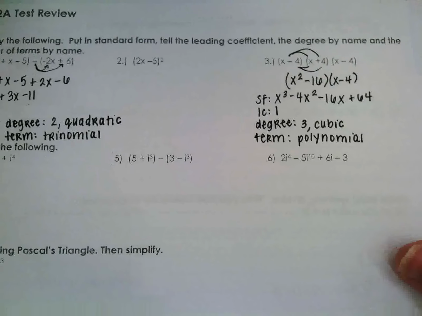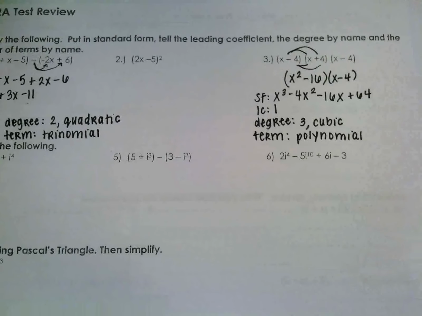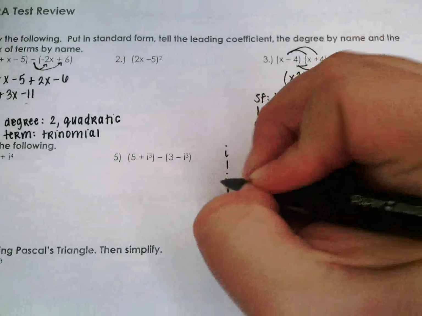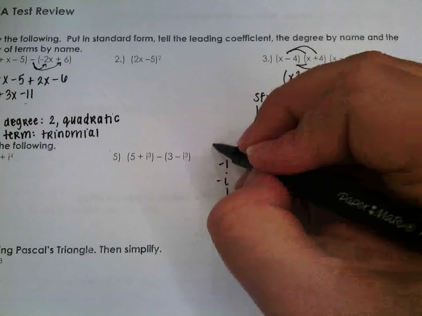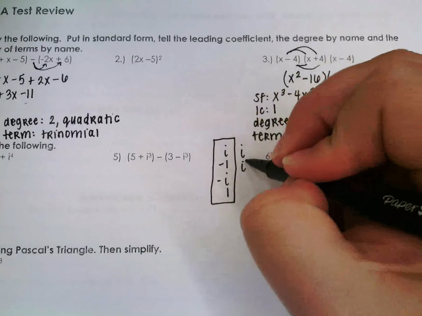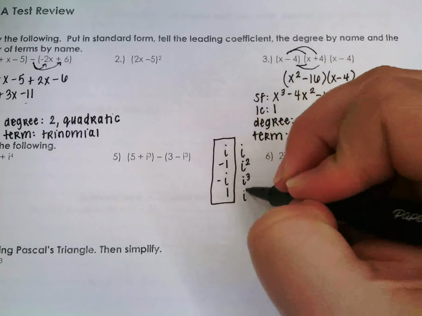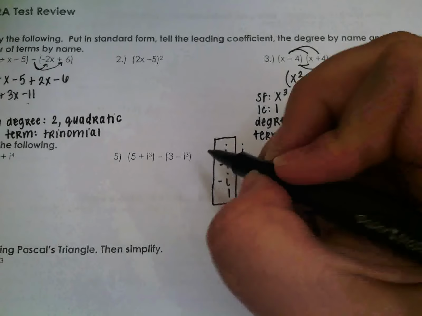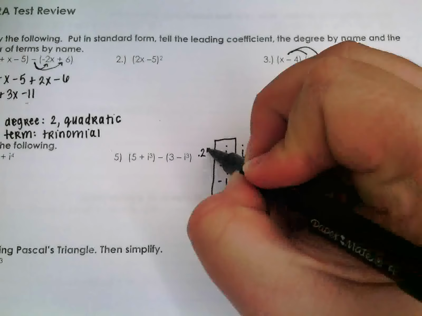Alright, for number 5, we need to not only add like terms, but we also want to simplify based on the eye chart. Now the eye chart is i, 1, negative i, negative 1, with the negatives in the middle, and they really represent i squared, i cubed, and i to the 4th power. If you want to think about these as a remainder, it's when you divide the exponent by 4.